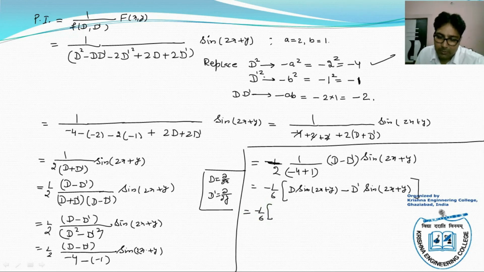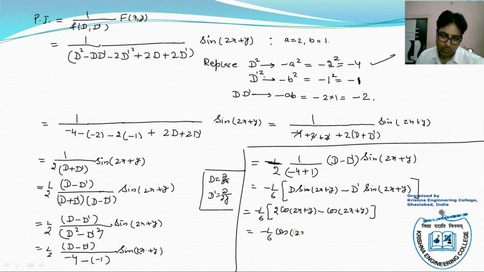The partial derivative with respect to x is 2 cos of 2x plus y, minus the partial derivative with respect to y, which is cos of 2x plus y. So we get minus 1 upon 6 times 2 cos of 2x plus y minus cos of 2x plus y. This becomes cos of 2x plus y. So this is the PI.